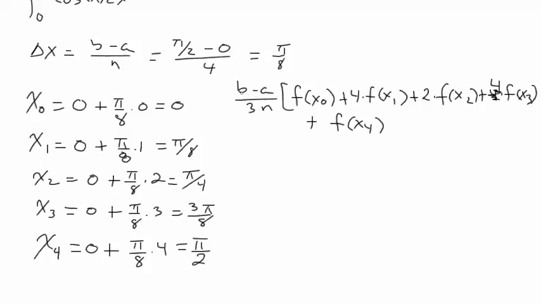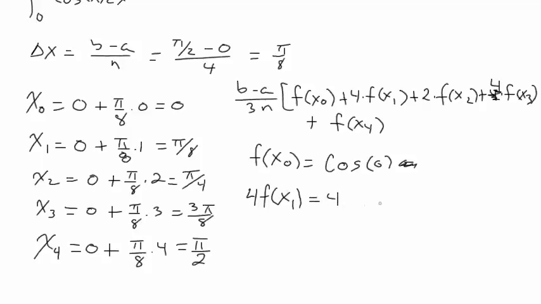Okay, so we have b minus a over 3n. Now let's do this. f of x naught: x naught is 0, and our function was cosine x, so we have cosine of 0, and we'll just leave it there. Then 4 times f of x1, so 4 times cosine of pi eighths, and then 2 times f of x2, so 2 times cosine of pi fourths.